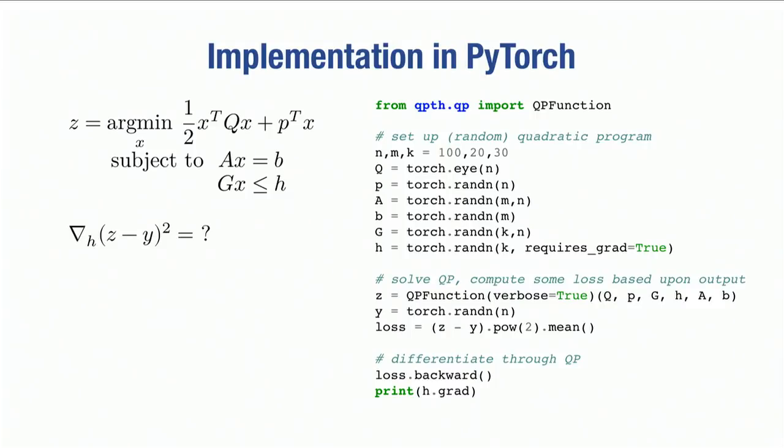But what we can do with PyTorch is basically make this kind of layer more or less seamless to people that want to use it. Right? So if you want to use a layer that solves a quadratic program, say, you can just set up a quadratic program in PyTorch. So that's those first bunch of random lines there. And then you call this QP function where you pass in the parameters to this program. Of course, those inputs can also be functions of anything else that you want.